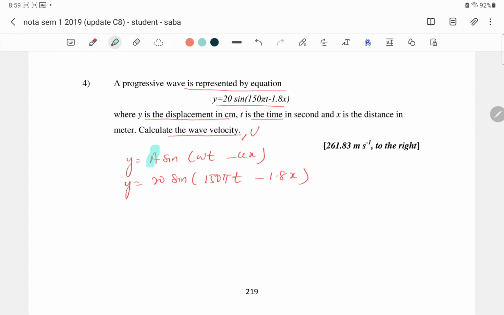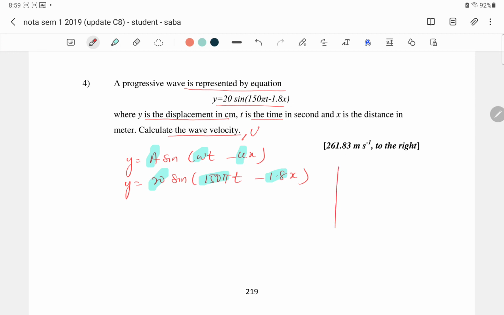Here your amplitude is 20 centimeter, your ω is (1/5)π, your k is 1.8. Negative meaning that the wave is propagating to the right, from left to right.